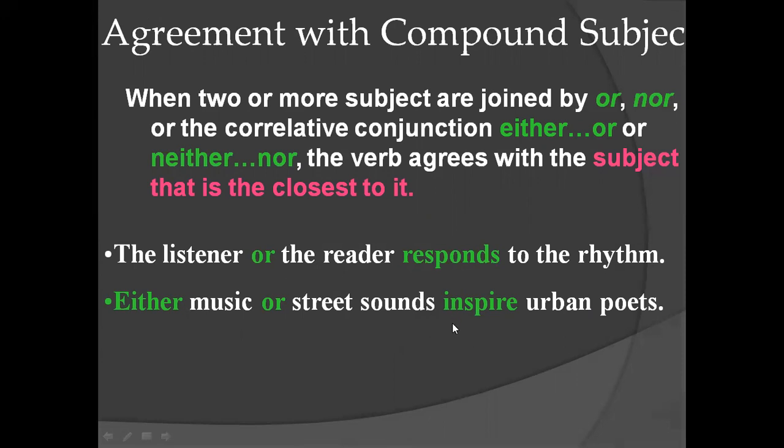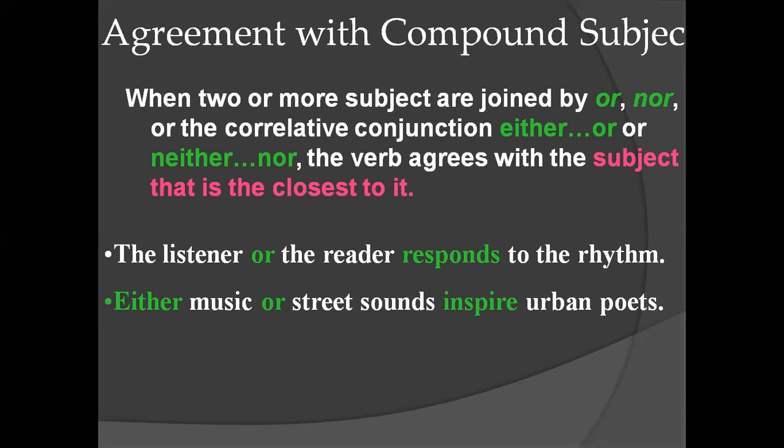Either music or street sounds inspire urban poets. Here, street sounds, the next word, is in plural form. That's why the verb agrees in plural form. That's why in this sentence we can see plural form.